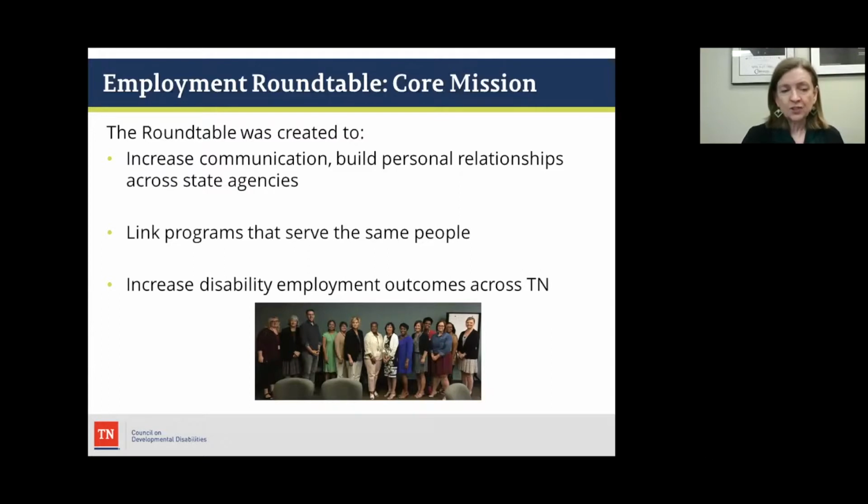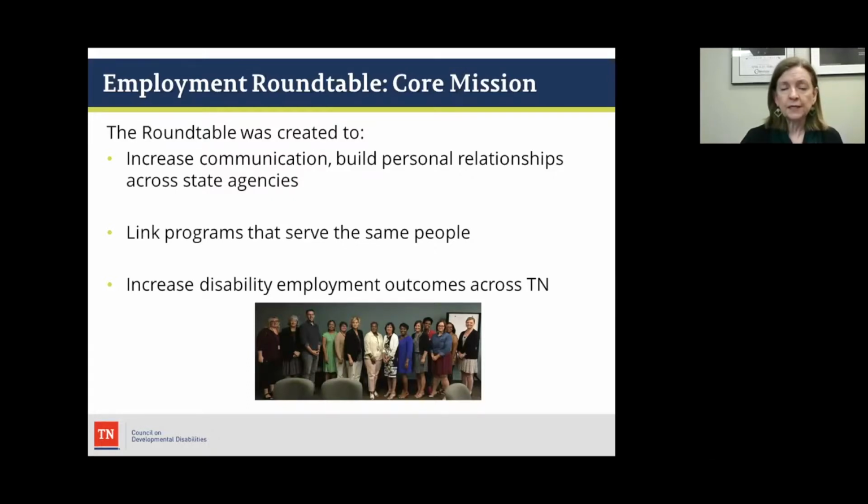So I think I just said linking programs that serve the same people. So if people happen to be served by vocational rehabilitation, but they're also served by the Department of Education, maybe they're connected in some way to our DD agency, certainly our Medicaid agency.